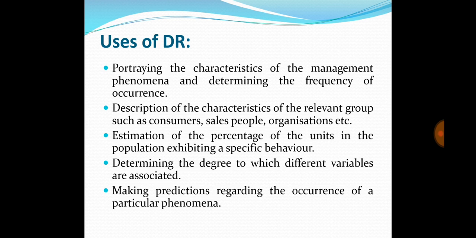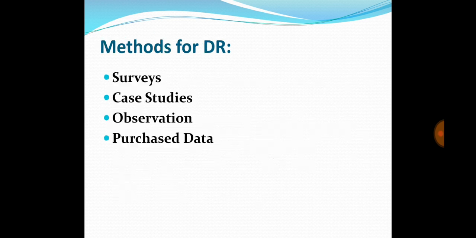You can only make predictions when you are completely acquainted with the frequency of occurrence of a particular event. Then only you can predict its occurrence. So in this way we use descriptive research design.